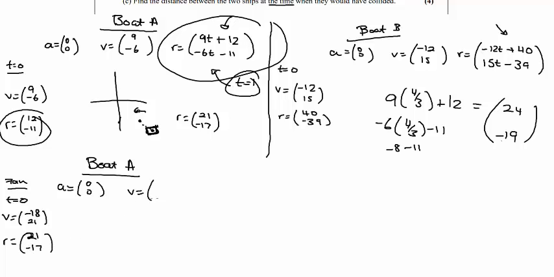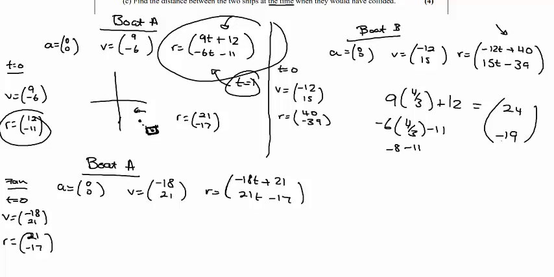So we say v equals minus 18, 21, and r equals 21 minus 17. No, what am I doing? It's completely wrong. Minus 18t plus 21. Is that right? Yeah, assuming I haven't made a dumb error. Okay, so that's the new AVR.